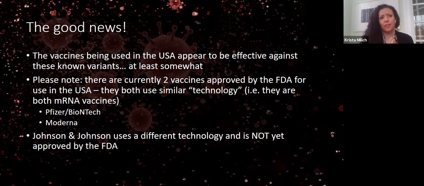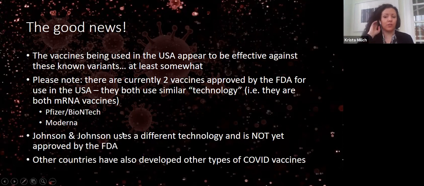Also, the Johnson & Johnson vaccine uses a different type of technology than these other two. So what I say about these new variants and vaccines will be relevant for any mRNA vaccines, not necessarily for every type of vaccine.